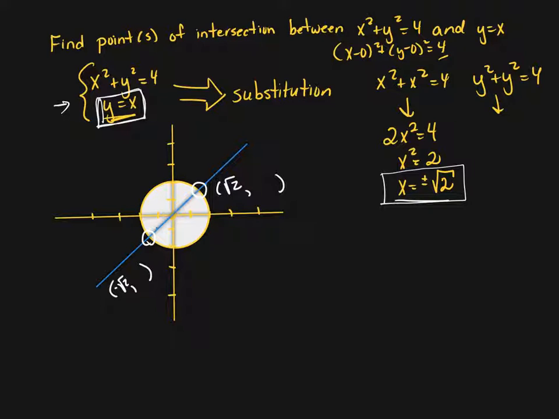So if my x is radical 2, my y must be radical 2. If my x is negative radical 2, my y is negative radical 2. So the points of intersection that we were asked to find are going to be the point radical 2, radical 2, and the point negative radical 2, negative radical 2.